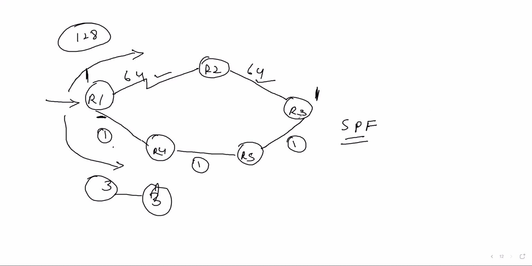Here I have 3 links, but OSPF will choose this path because these are fast links. Here we have only 2 links, but they are slow links, so OSPF will not choose the slow link.